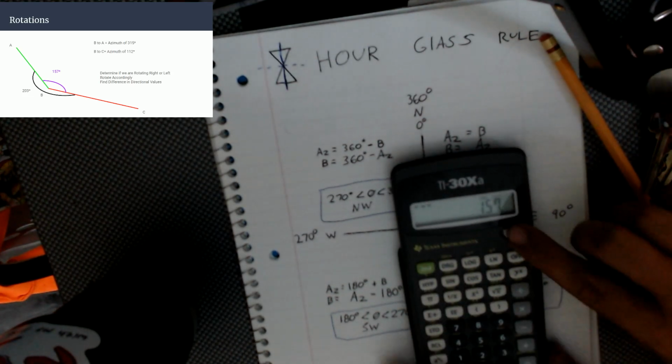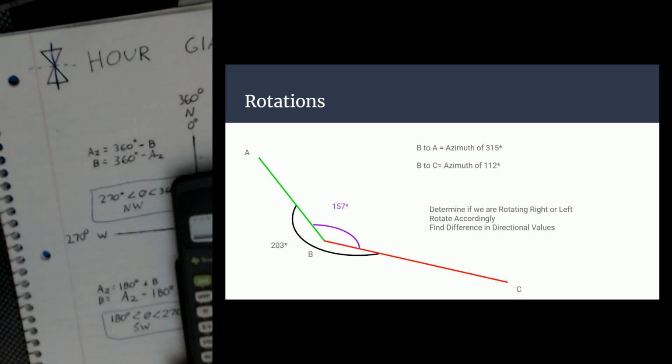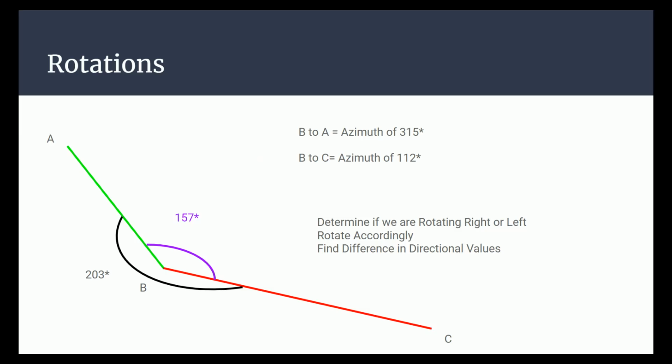The easier way to do that is you can determine that a full rotation is 360 degrees. If we know this partial rotation is 203, we can say 360 minus 203 and we'll get 157.